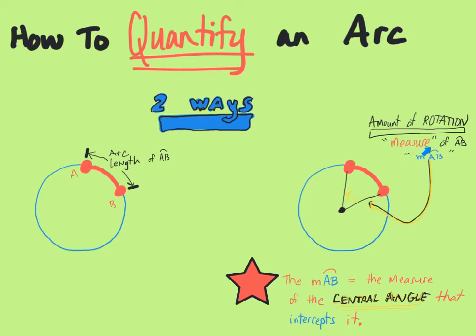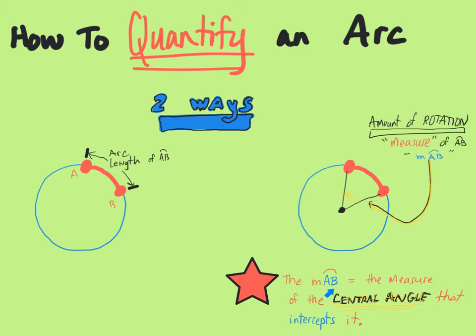The measure of an arc AB is the amount of rotation we do in the center so that 2 radii subtend or intersect the endpoints of the arc in question. So the measure of this red arc would be approximately 50 degrees because that's the measure of the corresponding angle that intercepts that arc.